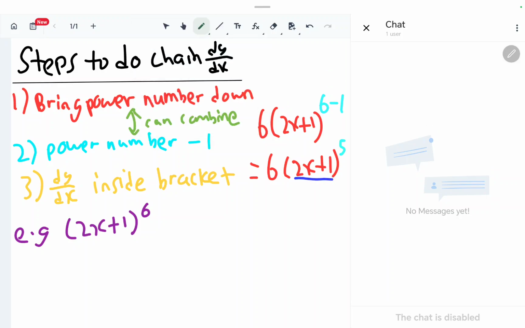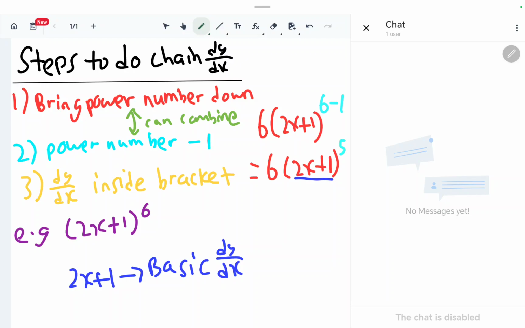So ask yourself, 2x plus 1, is it basic or chain? So far we only learned 2 out of the 4. This is a basic differentiation, because 2x plus 1 is not a binomial term, it is just a term on its own.